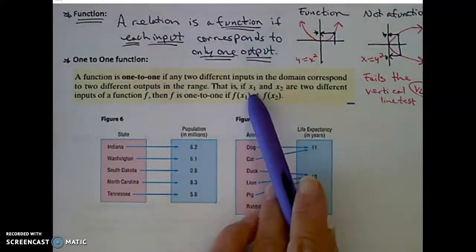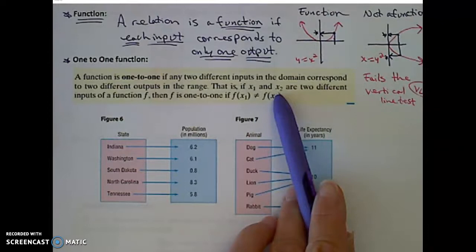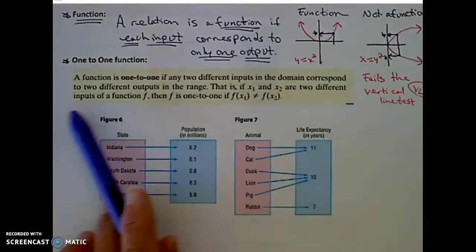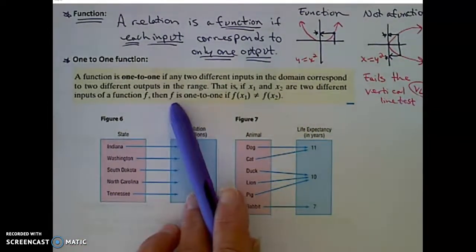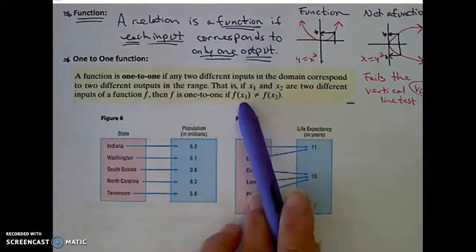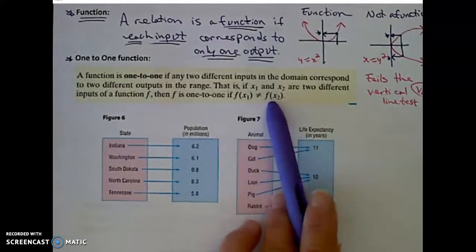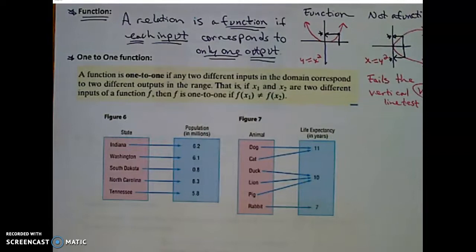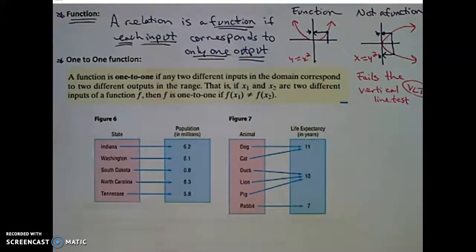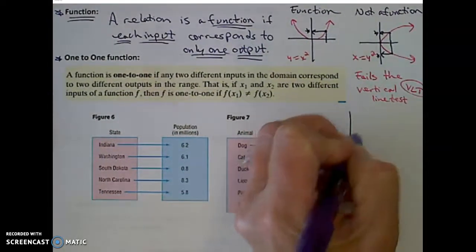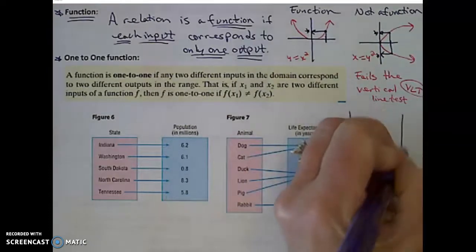That is, if x1 and x2 are two different inputs, then the function is one-to-one if the outputs are not the same. The outputs are different. Let's look at two functions once again.